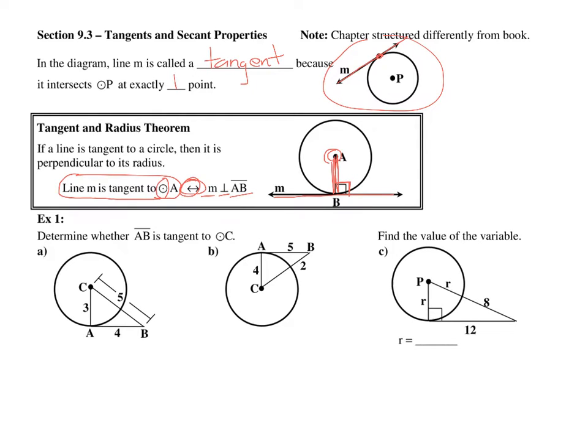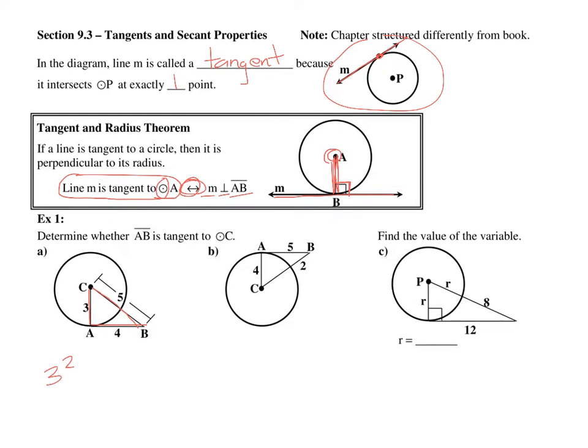For example 1, determine whether AB is tangent to circle C. All right, how are we going to determine if it's tangent? Well, here I have this triangle, and if I could prove that it's a right triangle, then I know that the lines are perpendicular, and AB is a tangent line then. All right, so how do you prove it's a right triangle?